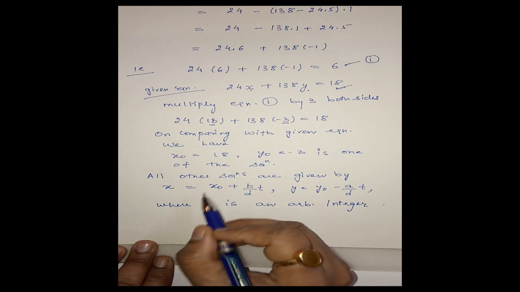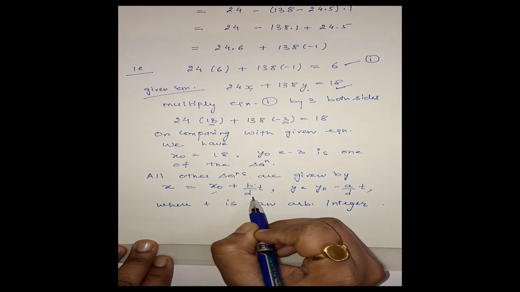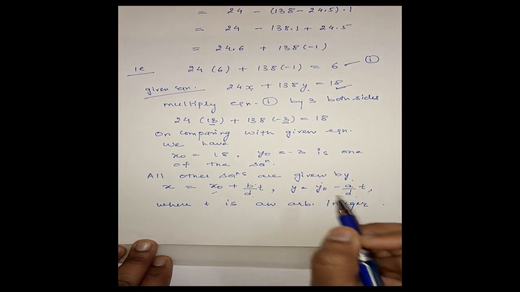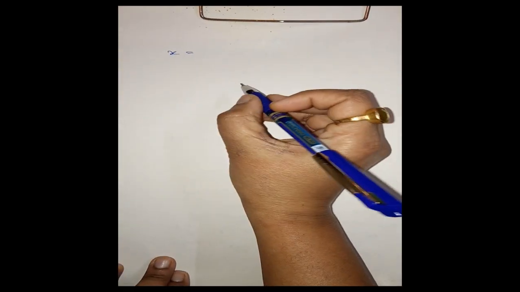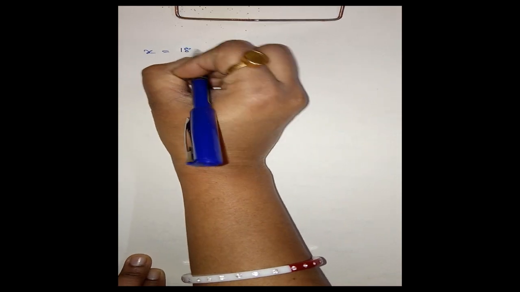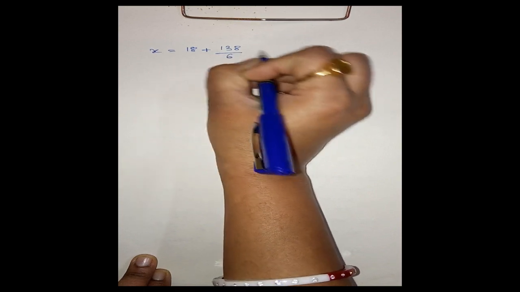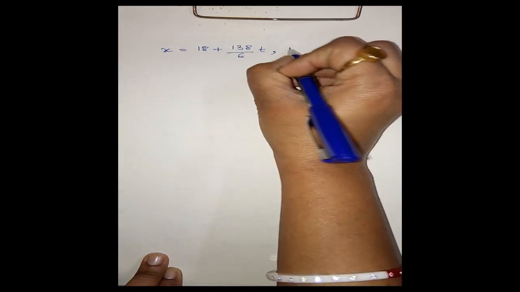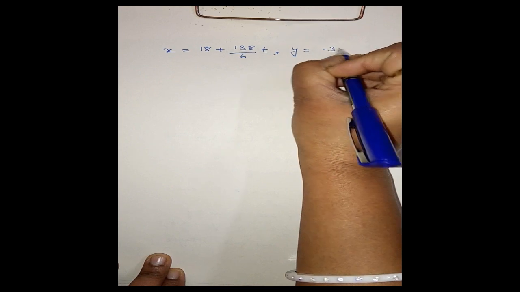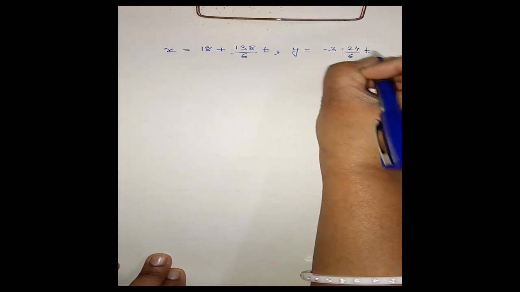Now substituting the values of x naught, b and d, y naught, a and d, we have x is equal to 18 plus b, which is 138, over d, the GCD, which is 6, into t, and in the same way y is minus 3 minus 24 by 6 into t.